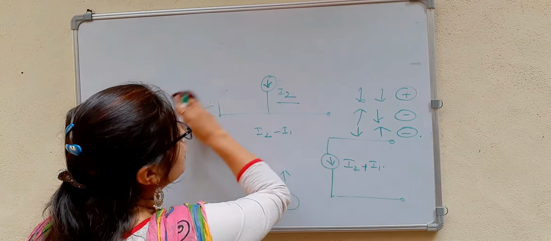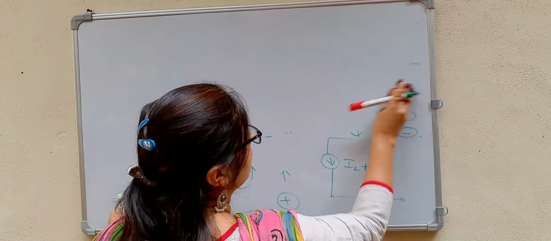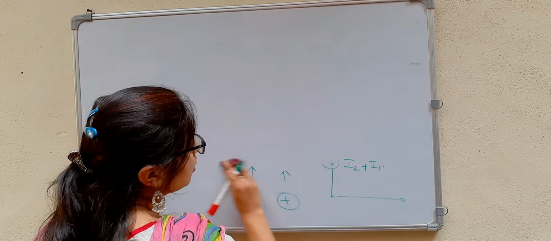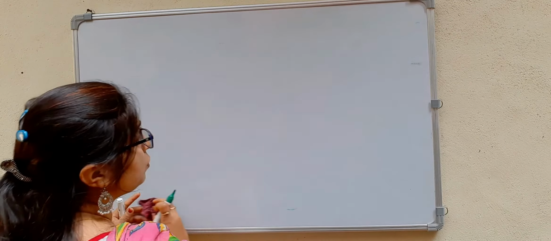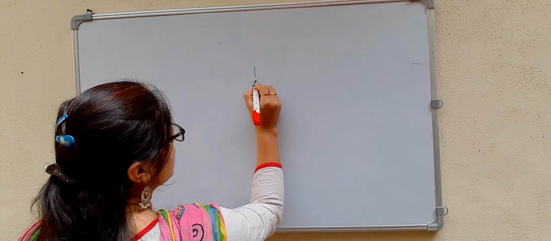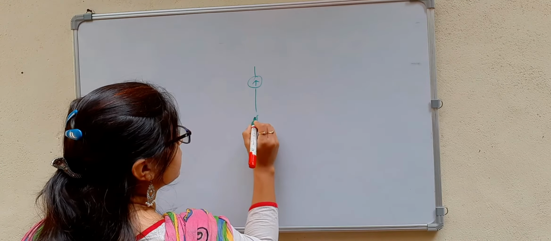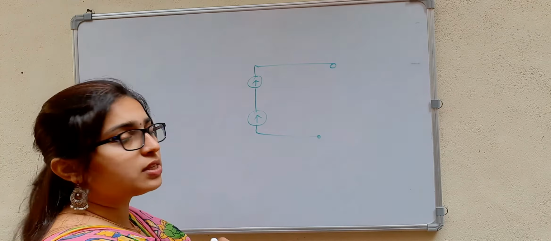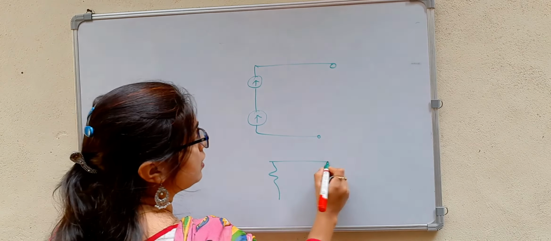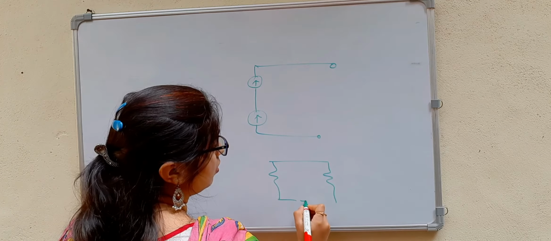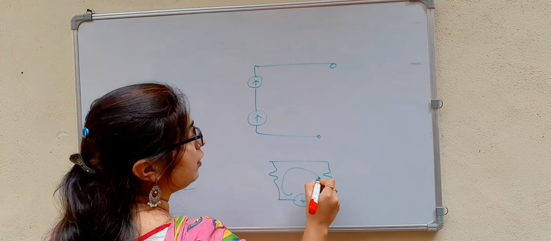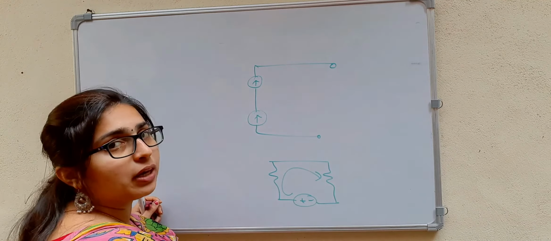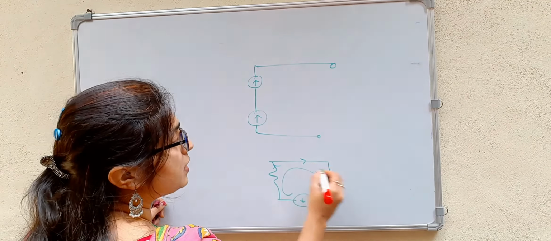Now, we have considered two current sources connected in parallel; these are ideal sources. So what happens if two ideal current sources are connected in series? They should have the same current rating, because in a path like this, whatever current flows has only one path to flow, and the current will be the same throughout.